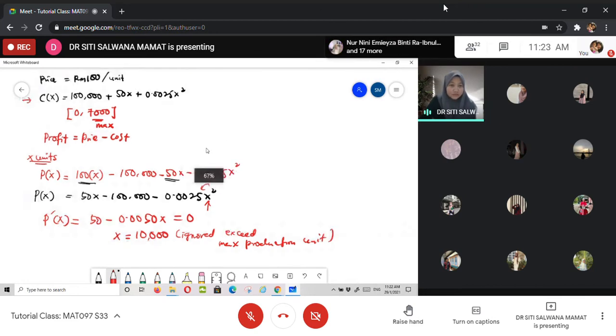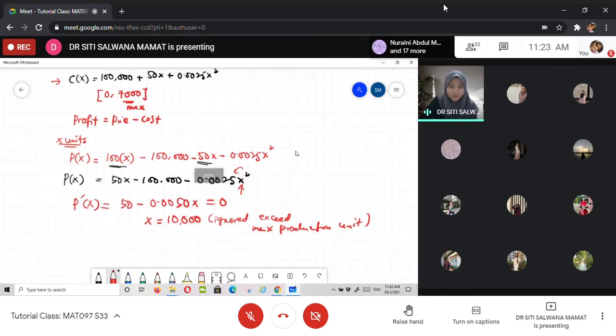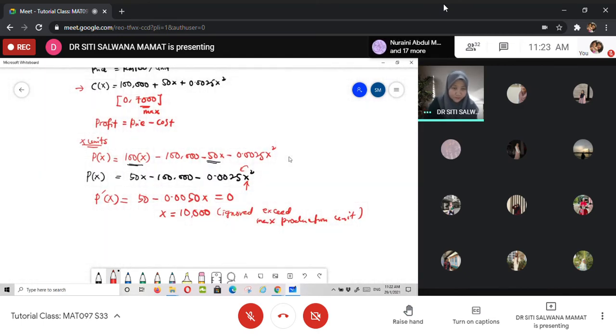Now so berapa banyak yang you nak produce, and then berapa banyak yang you nak jual? Kita akan jual pada berapa unit? Dengan problem you macam ni, berapa unit yang you ada? So sekarang yang you ada adalah 0 dengan 7,000 lah. This is you punya interval kan.